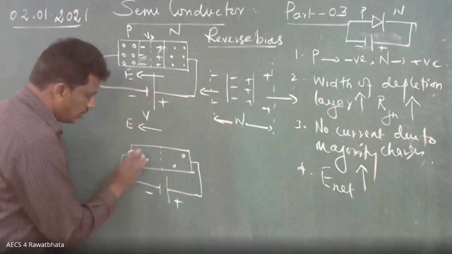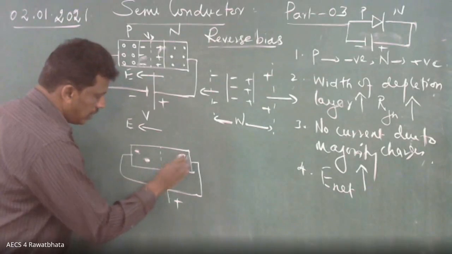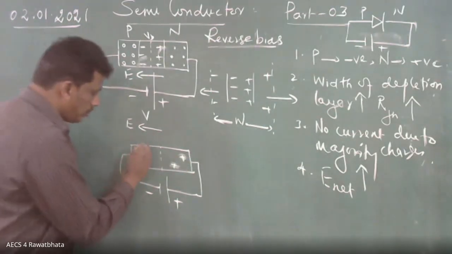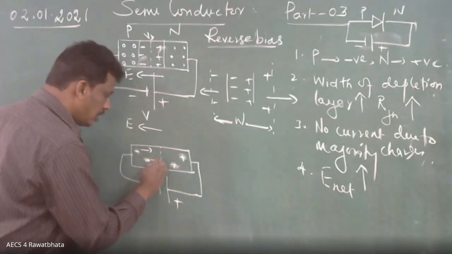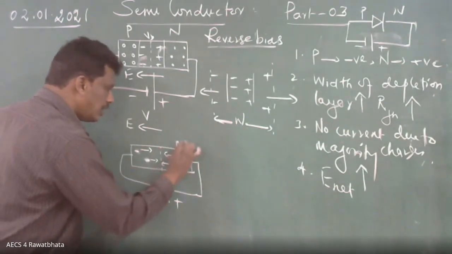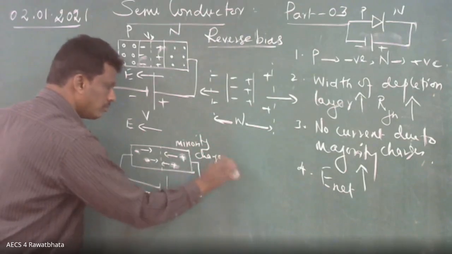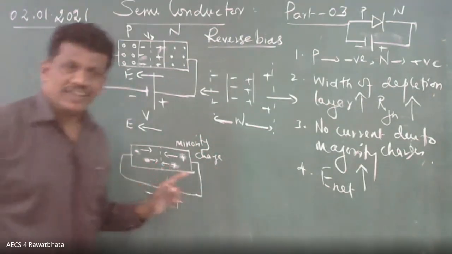Minority here. If you have problem, I will put minus, plus, plus. So automatically they will move here. What is this? Minority. You are able to follow?